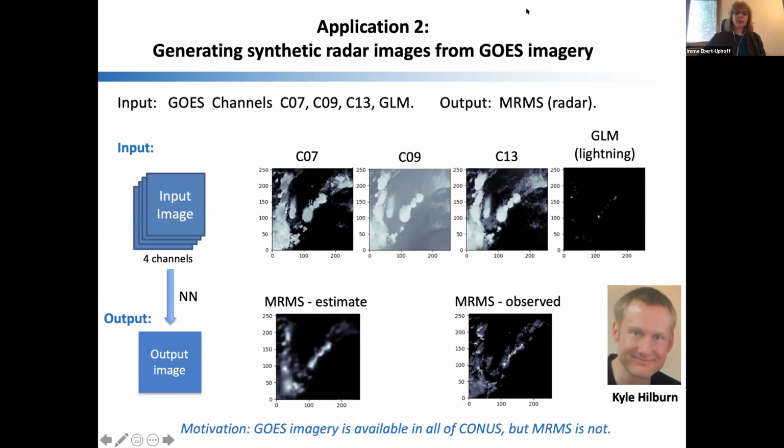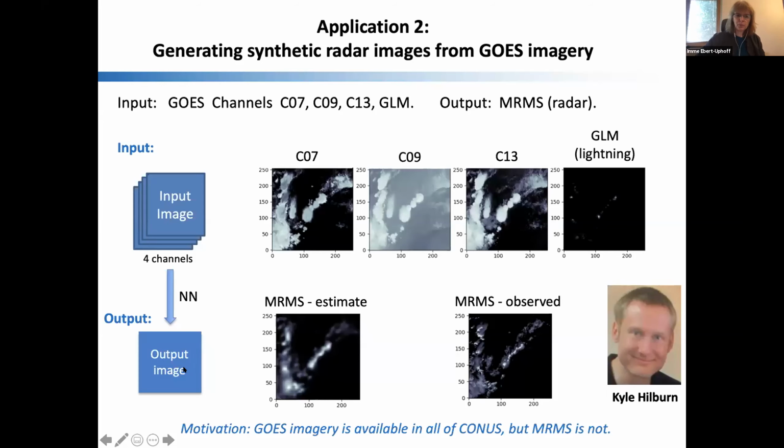It gives you images all over CONUS, the continental United States. Every few minutes, you can get those 4 channels that we picked: channels 7, 9, 13, and the lightning channel. GLM stands for Geostationary Lightning Mapper, which is on GOES 16. And so we can get those images everywhere over the continental United States. And that's going to be our input.